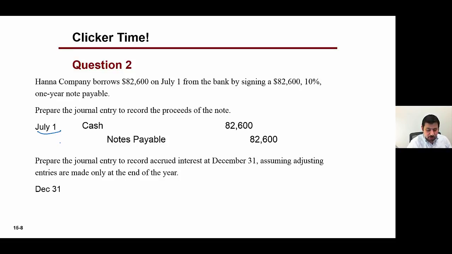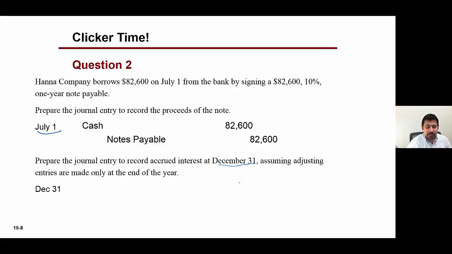We need to also prepare the journal entry to record the accrued interest at December 31st because it will not be paid at the end of the year. So assuming that adjusting entries are made only at the end of the year, here we need to calculate the interest.